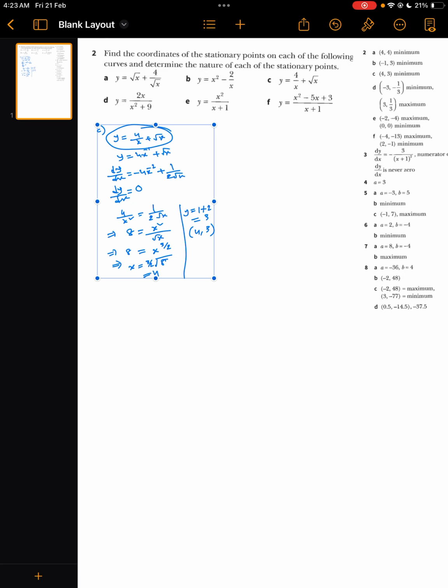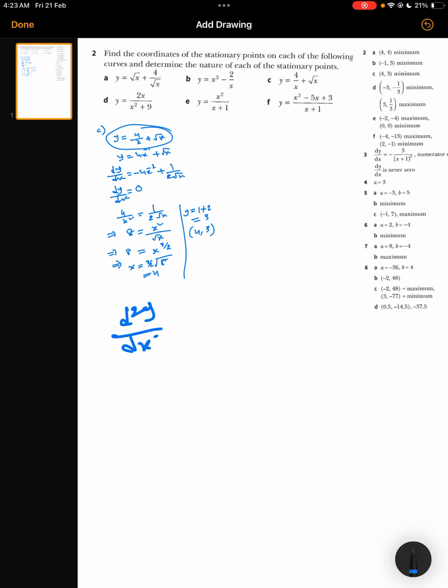For the second derivative, 8x to the power minus 3 plus half times minus half, 1 by x to the power 3 by 2, which is 8 over x cube minus 1 by 4 x to the power 3 by 2.